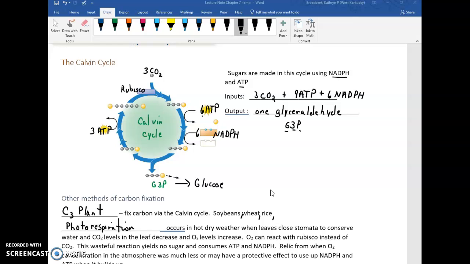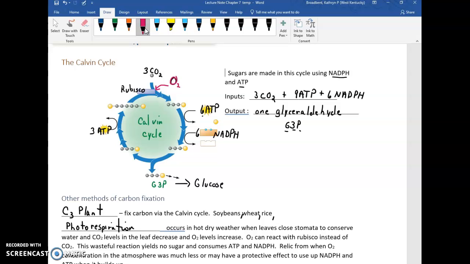The CO2 gets used up by this Calvin cycle, and there isn't as much CO2 around, so oxygen can come in here, and it can combine with the Rubisco instead. When this happens, no sugar is made, but the cycle consumes ATP and NADPH. So the cycle continues to go around, but no sugar is made.